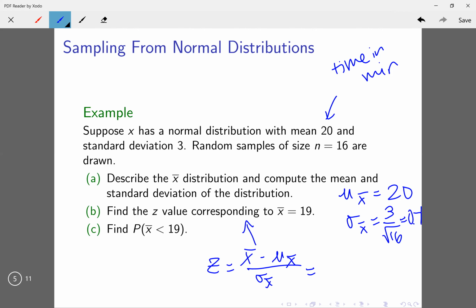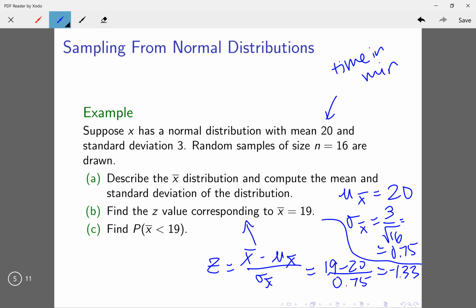I can't really see it, but that's 0.75 right here. So our X bar value is 19 minus 20 over 0.75. And if we compute that, we should get a value of negative 1.33. So that's the z-value corresponding to X bar.